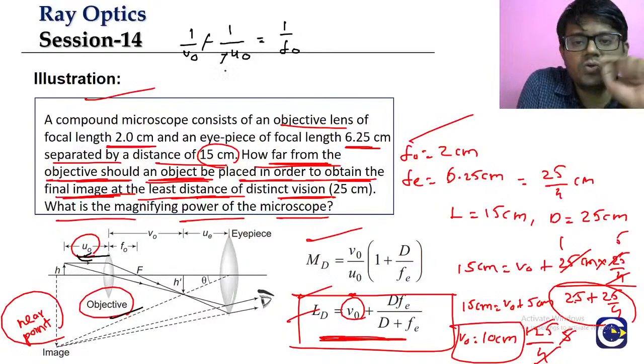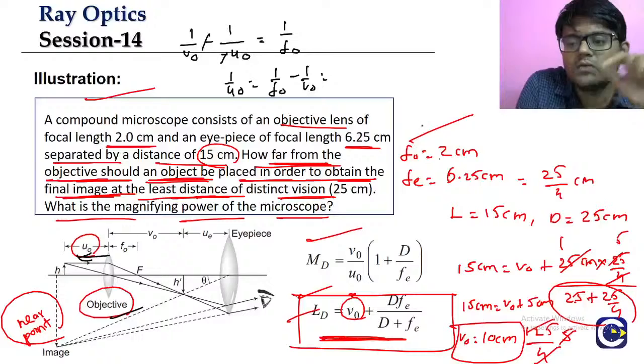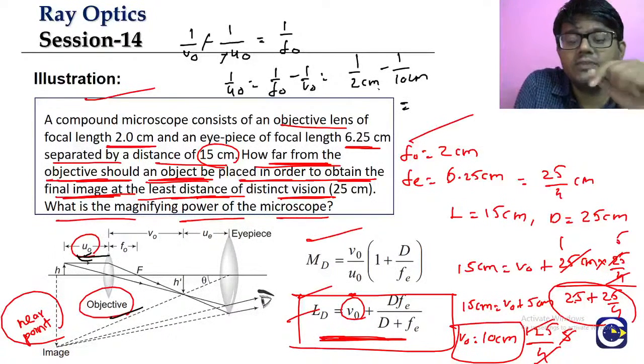So 1 by UO is equal to 1 by FO minus 1 by VO. FO here is 2 centimeter, so 1 by 2 centimeter minus 1 by VO, which is 10 centimeter.